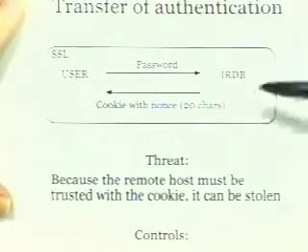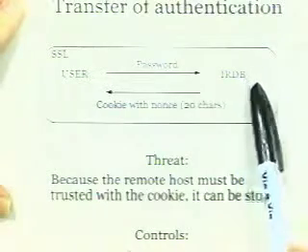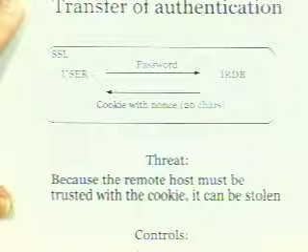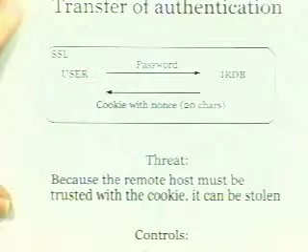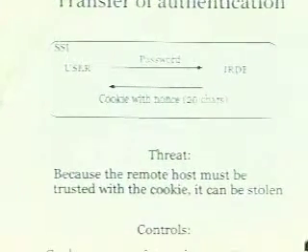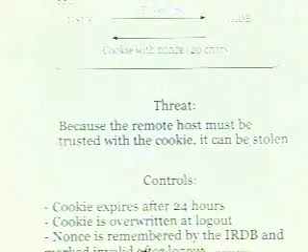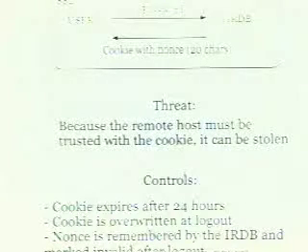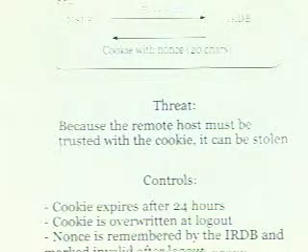The way it works basically is that through SSL, a user would give his password to the incident response database and then would get in return a cookie with a random number that we call a nonce with 20 random characters. And then whenever you ask for a web page, the database asks for the nonce back, and because it's a huge random number, it's very unlikely that anybody else can guess what it is. So if you give me the right nonce, I will conclude that yes, you have access to the database and you are who you say you are.